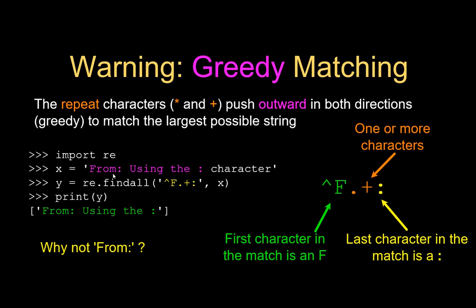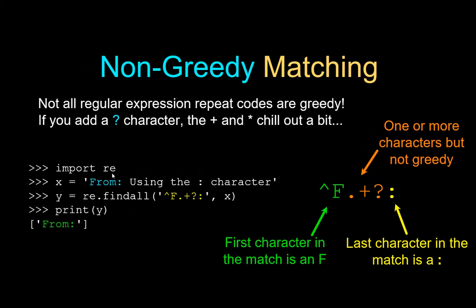Now the question that comes here is, what if we are only interested in the "From"? In this case, we have to use a non-greedy version of matching. For using the non-greedy version, we can add a question mark.